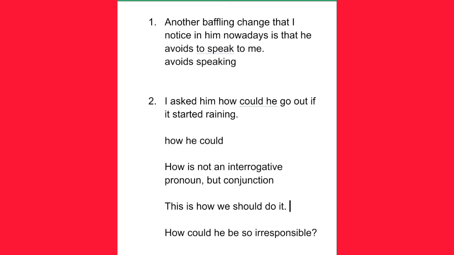That means it depends entirely upon the context in which that word has been used, and based on that context, based on that situation, we try to infer the meaning of that word. Since here how has not been used to ask a question, the sequence of an interrogative sentence will not be followed. We will simply say how he could. I hope you understood it.